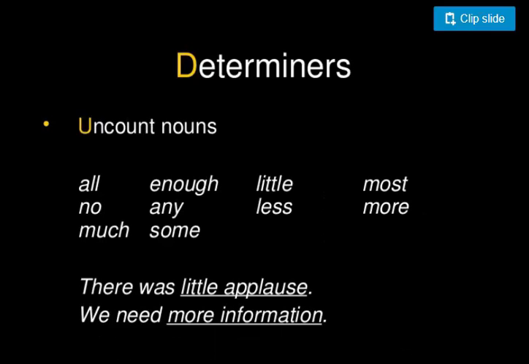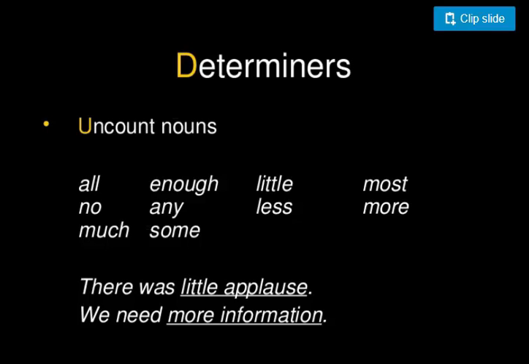Yeah. So what are the uncount nouns? Uncount nouns mean which are impossible to count, or you can say that it is an uncountable noun. We use determinants in this situation: all, enough, little, most, no, any, less, more, much, some. So what are the examples of these uncount noun determinants?